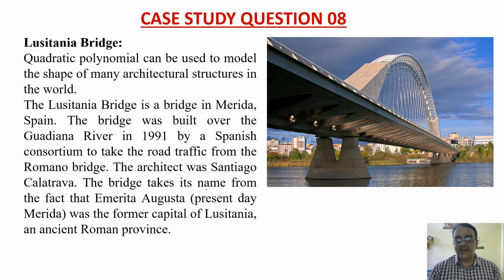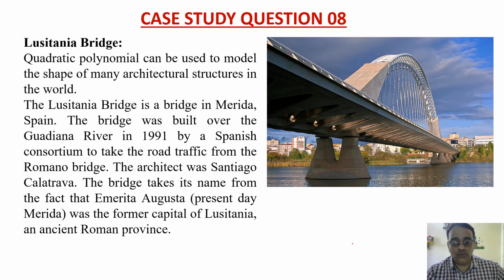Now the next case study question, number 8: Lusitania Bridge. Quadratic polynomials can be used to model the shape of many architectural structures in the world. The Lusitania Bridge is a bridge in Merida, Spain. The bridge was built over the Guadiana River in 1991 by a Spanish consortium to take the road traffic from the Roman Bridge.